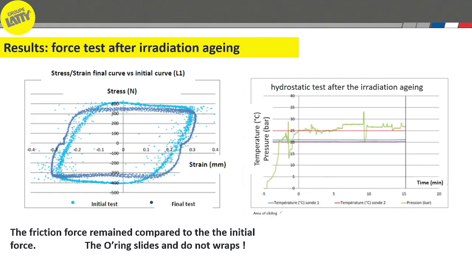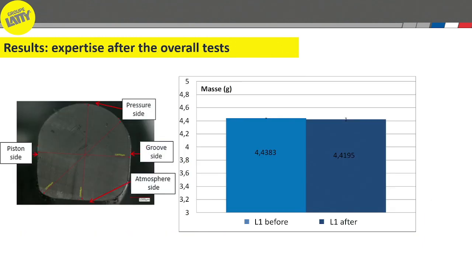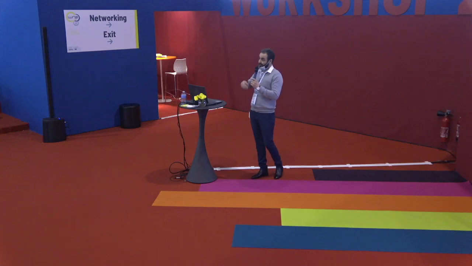After that we also made a hydrostatic test, and during this test we increased the pressure up to 25 bars instead of 14 bars, and the result here also showed no leakage. After all the overall tests, we dismantled the samples and analyzed them.